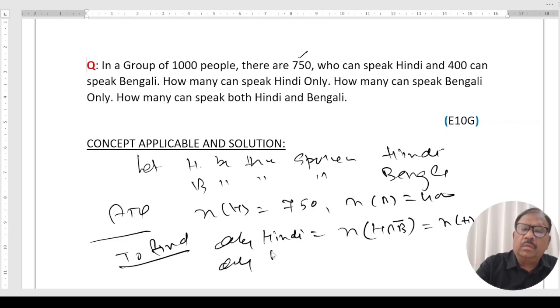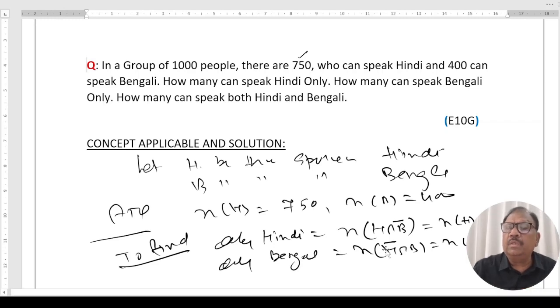Only Bengali, that is n(B) minus n(H intersection B).